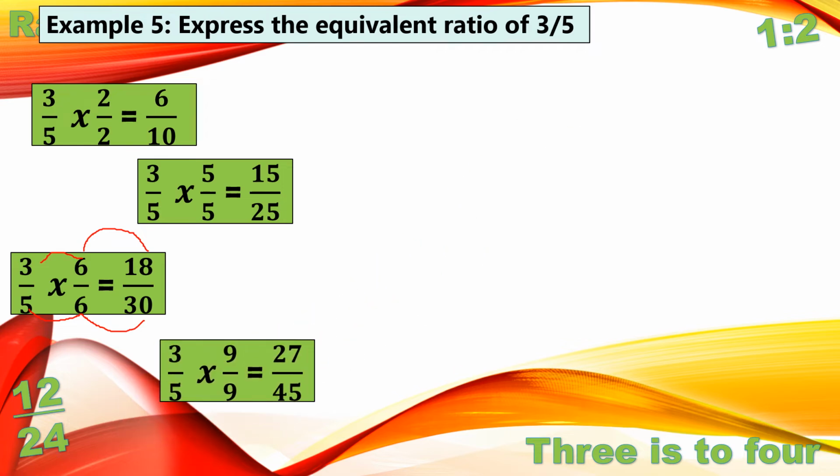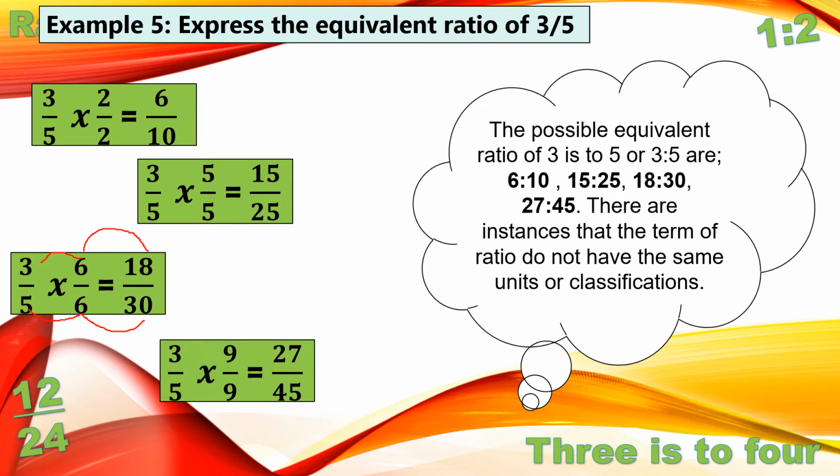Next, 3/5 times 9/9 equals 27:45. So, the possible equivalent ratios of 3:5 are 6:10, 15:25, 18:30, and 27:45.